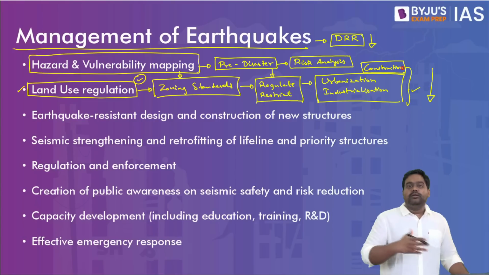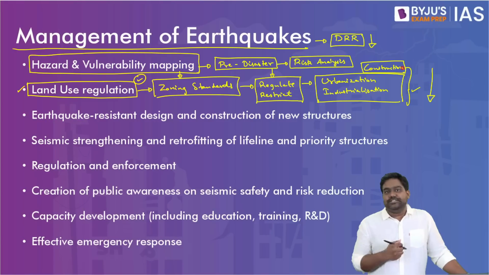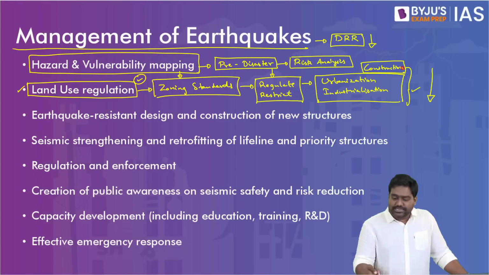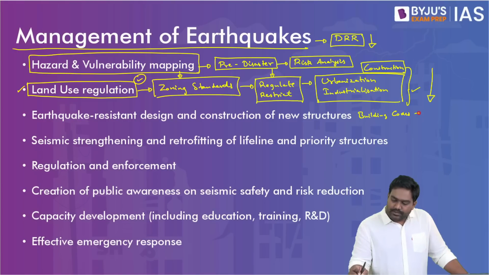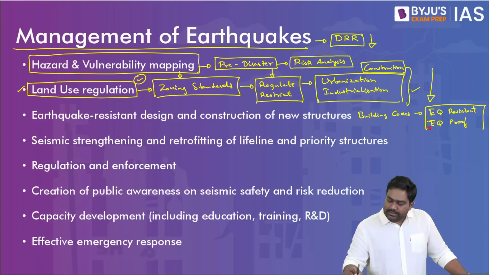You regulate the expansion of cities. You regulate industrialization. You lay down building codes in order to ensure that earthquake resistant and earthquake proof design is included in the architecture of the building.